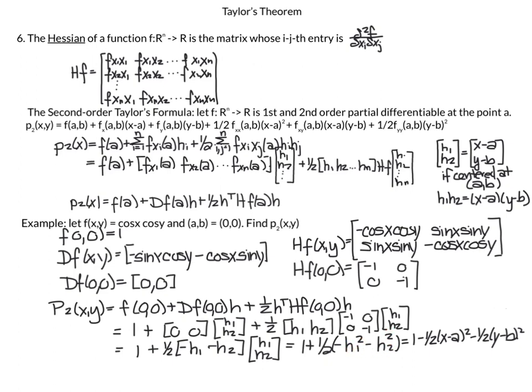So here I just plugged in for h1 my x minus a, and for h2 y minus b. So this is my final answer. Well, actually, because a and b are equal to 0, my final answer should be 1 minus 1/2 x squared minus 1/2 y squared, which is what we got with the other formula.